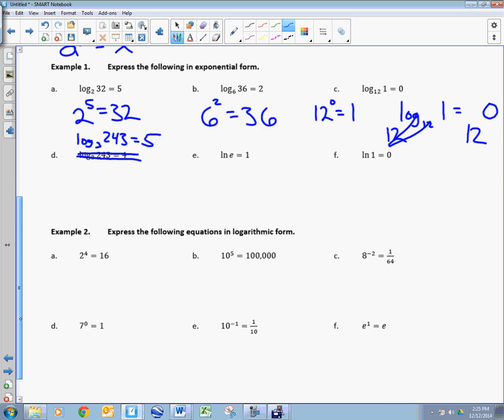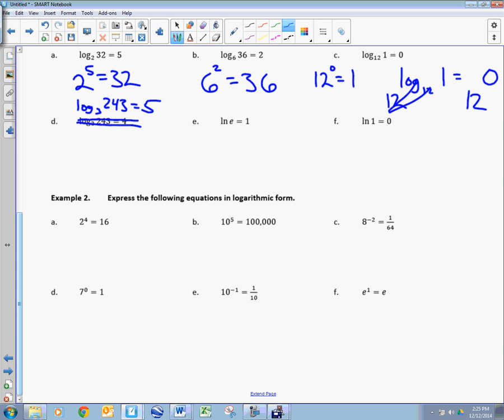Okay, so the next one. Log base 3 of 243 equals 5. What does that mean? What's my base? 3 to the 5th is equal to? Good. Natural log of e equals 1. What is the base? E to the, what's the exponent? Is equal to e.